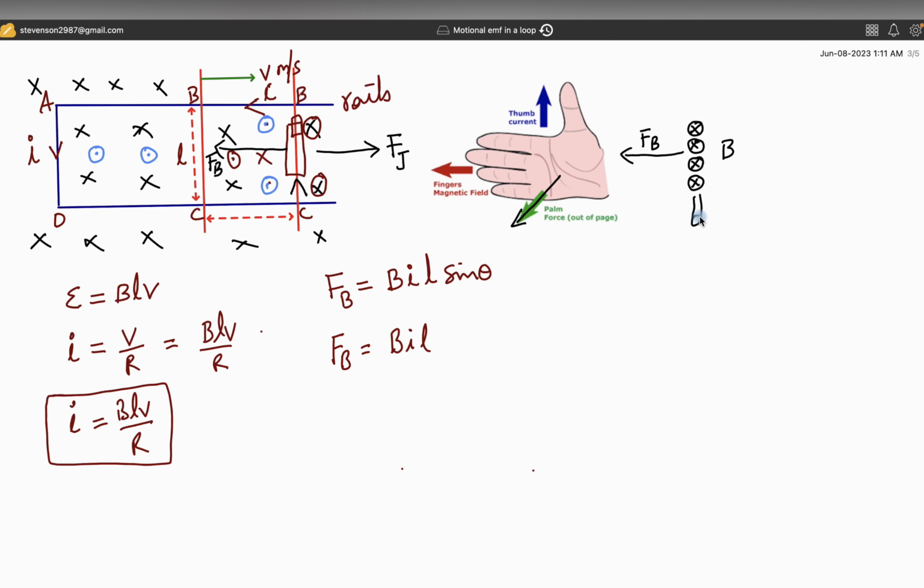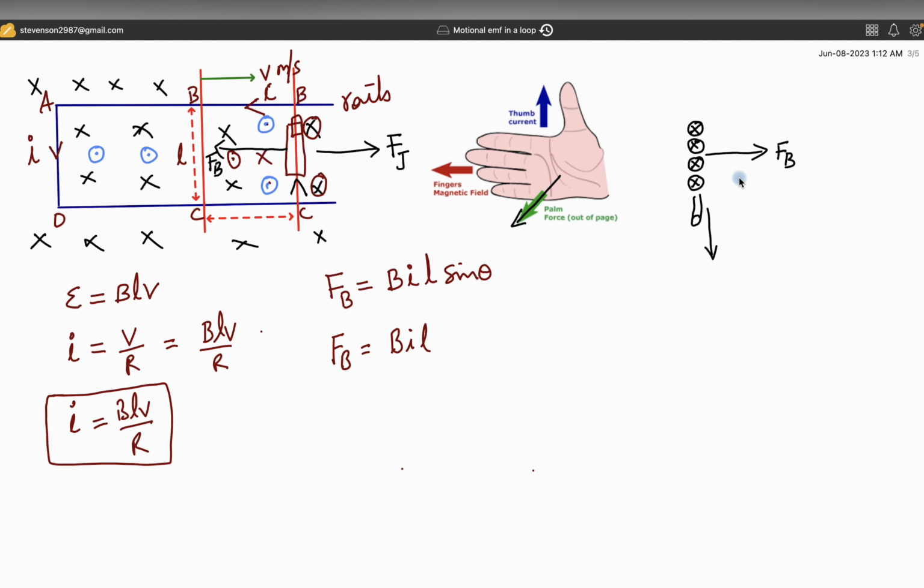When you stretch your right hand in the same way and rotate it such that your thumb points downward, because the current is going downward, the external magnetic field will not exert force on that wire in the earlier direction. Rather, it will exert force in the opposite direction, towards the right side. That means the force now is going to be towards the right side.